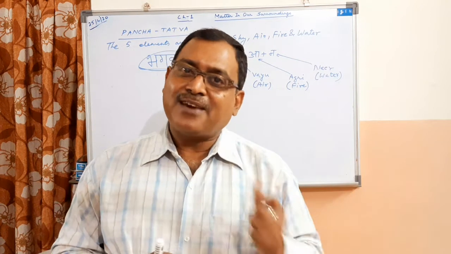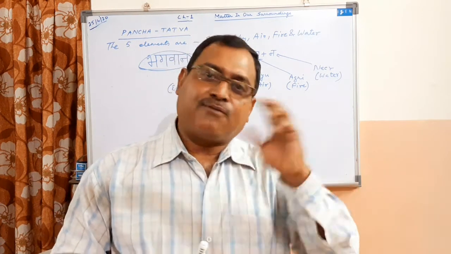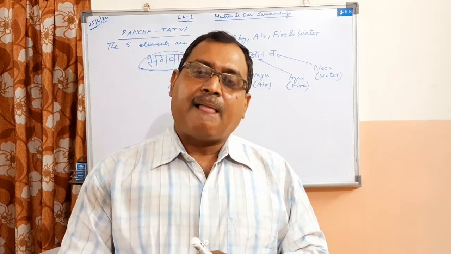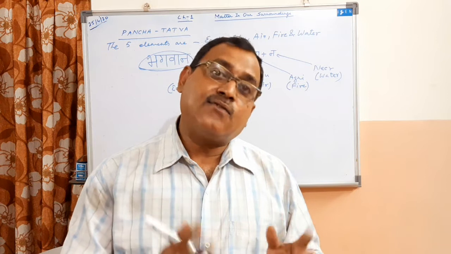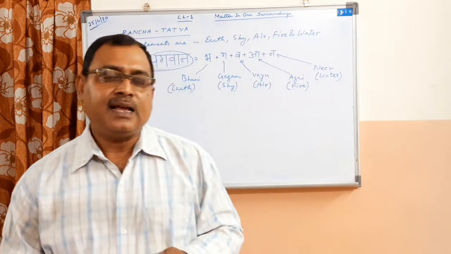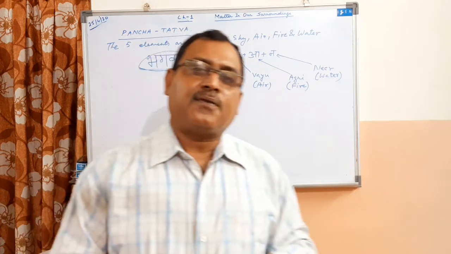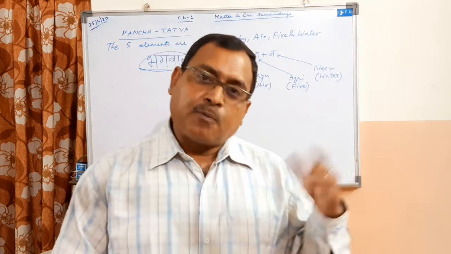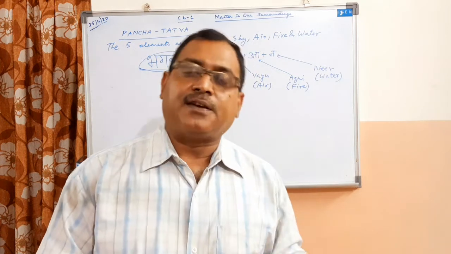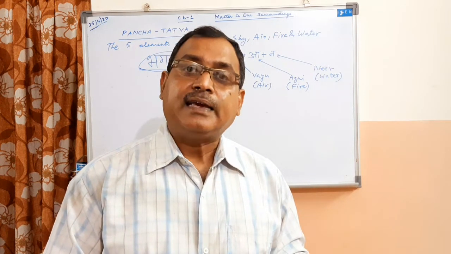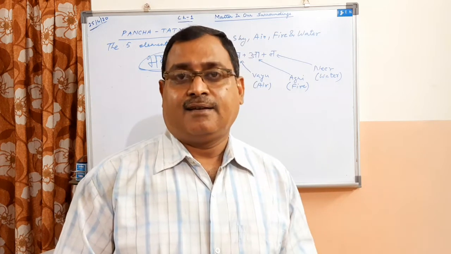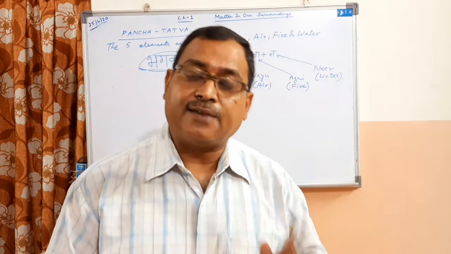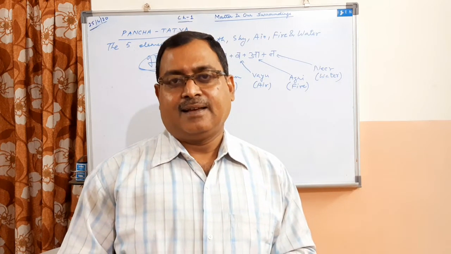So this is a very easy way to remember the 5 elements as per our ancient Indian philosophers. A similar proposal was given by early Greek philosophers as well, after our Indian philosophers gave it. Clear?